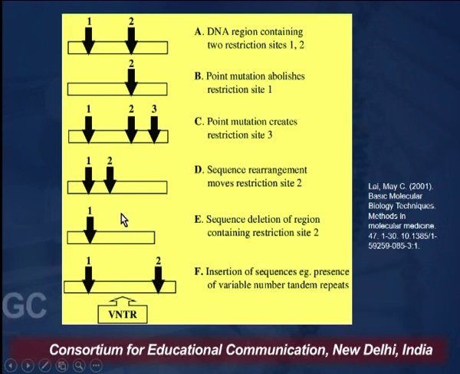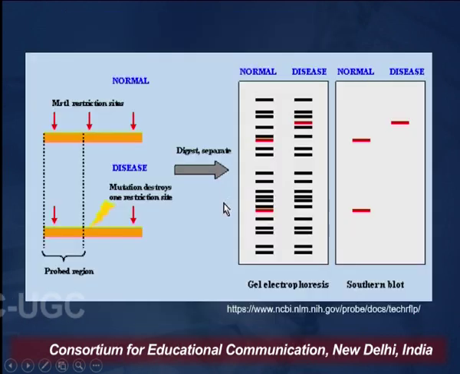They can occur because of single nucleotide polymorphisms, because of insertions or deletions, and because of these VNTRs. Then there are other markers such as STRs, the short tandem repeats as well. These are the different kinds of markers that give rise to polymorphism in the restriction fragment length.